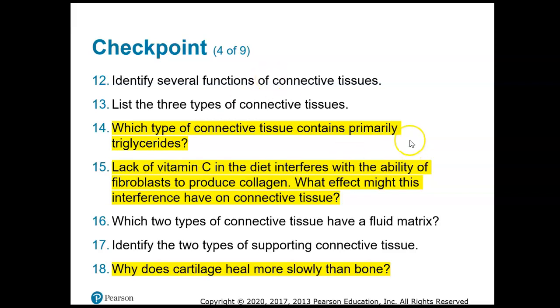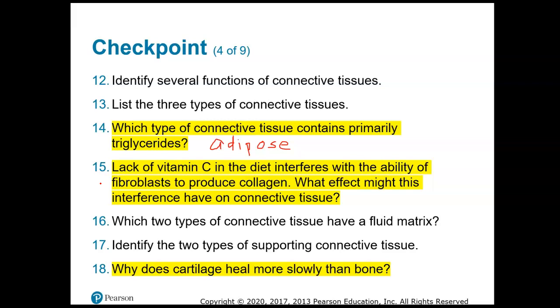Adipose, which is a loose connective tissue proper. Adipose connective tissue.